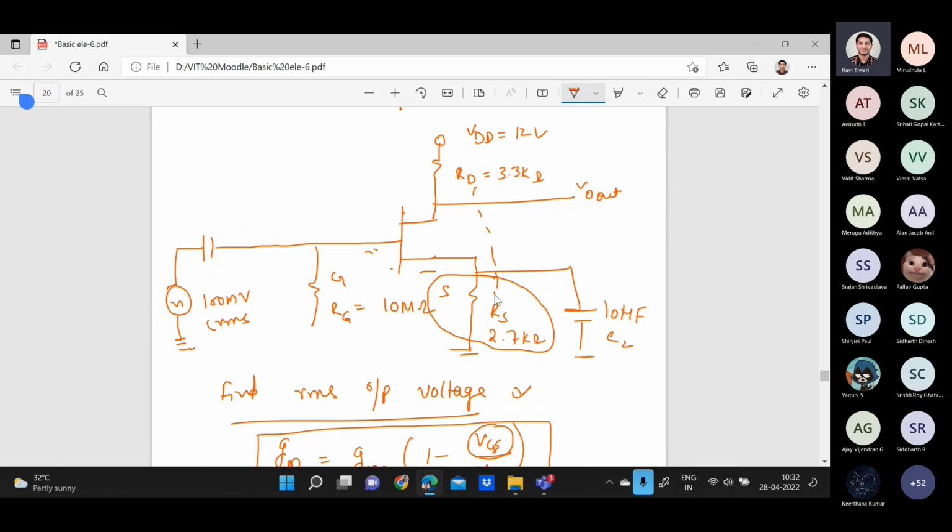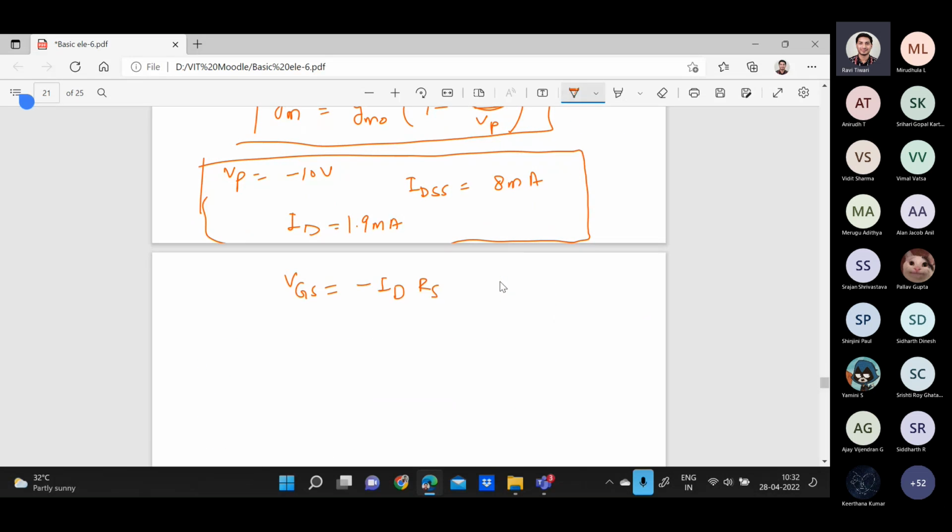ID is provided in our numerical, that is minus 1.9 into 10 raised to the power minus 3, and RS is 2.7 into 10 raised to the power 3. From here you can calculate VGS, which is equal to minus 5.13 volts.